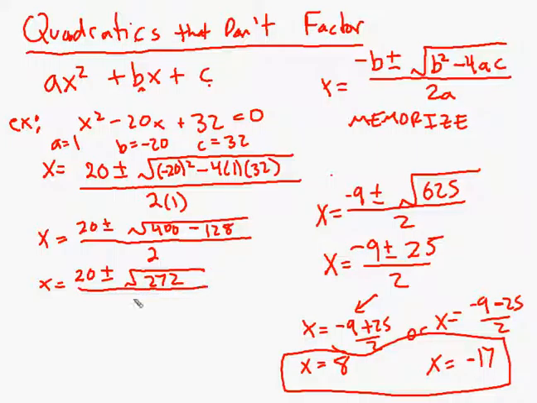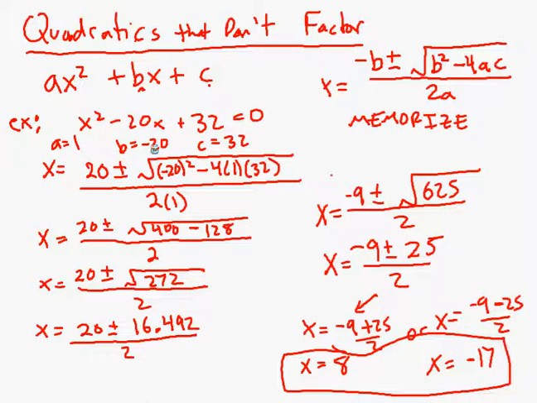All over 2. All right, now I'm going to split this up. You could do this square root at this point. Do you want to do the square root now or later? Now. All right, so let's do the square root now. What's the square root of 272? To 3 decimal places, 16.492, divided by 2.